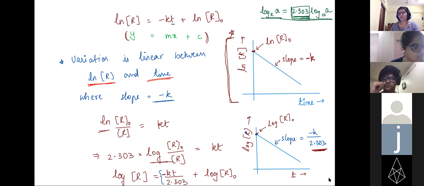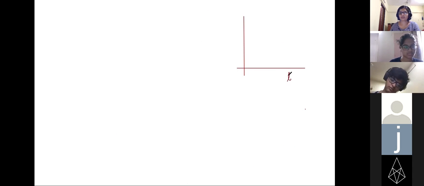Now, what if I draw a graph between the concentration and time itself? Time on the x-axis, R on the y-axis for a first order reaction.